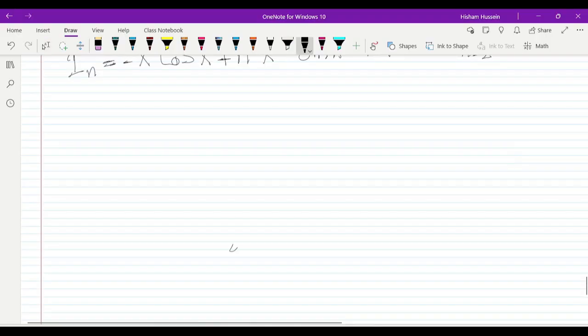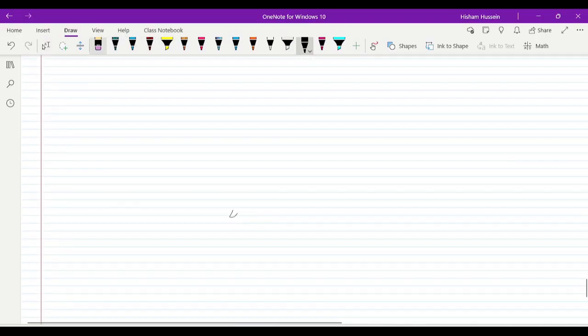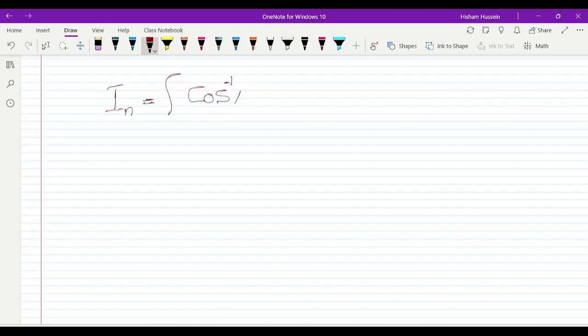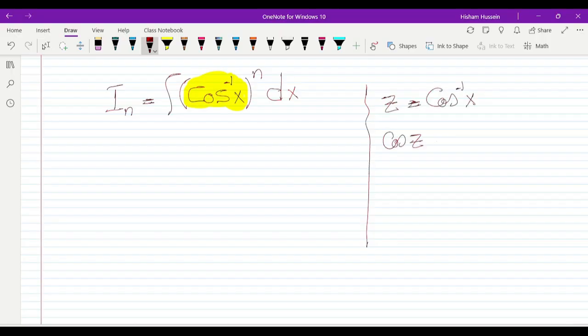That's why we need to think about this reduction formula. What if we have I_n equals the integration of cosine inverse x to the power n dx? Here, we will do a substitution step by letting z equal cosine inverse x, which means that cosine z equals x, and after differentiating both sides, negative sine z dz equals dx.